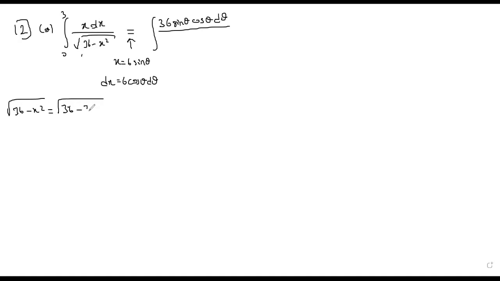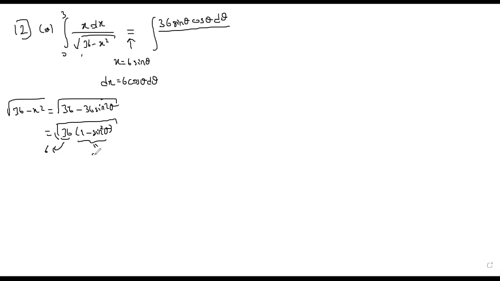In the parentheses of 36, you will have this, and you can write it outside of the square root as 6.